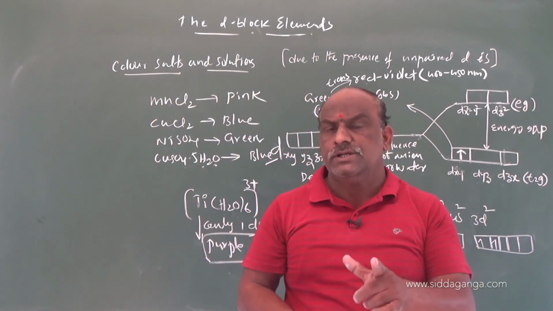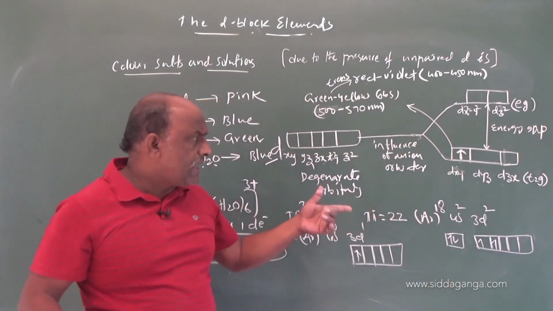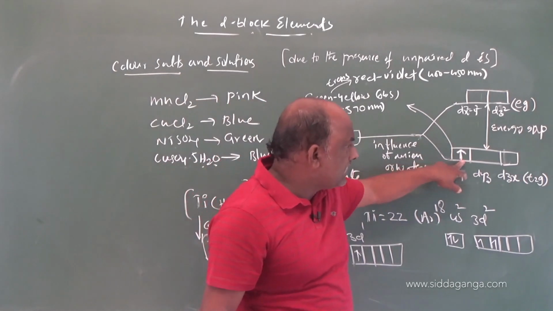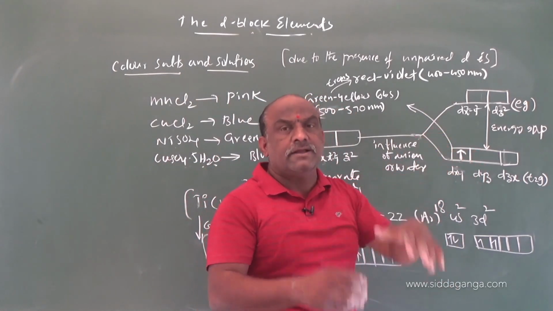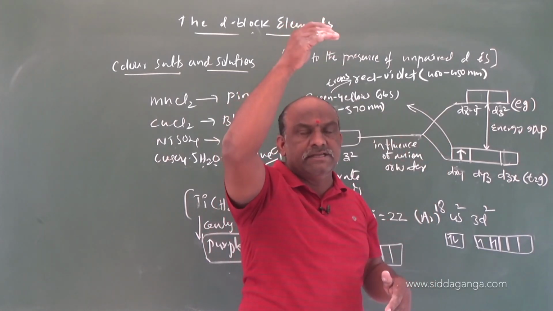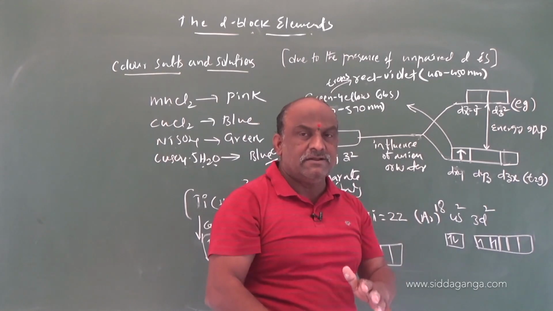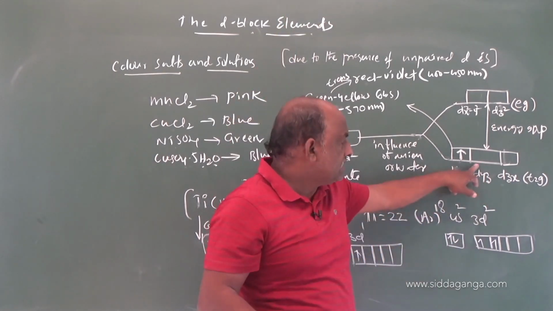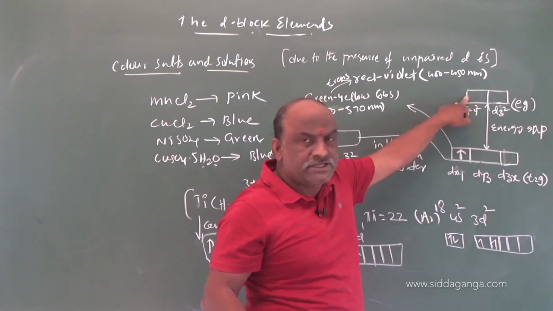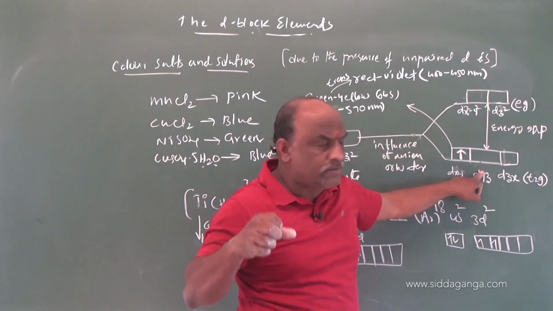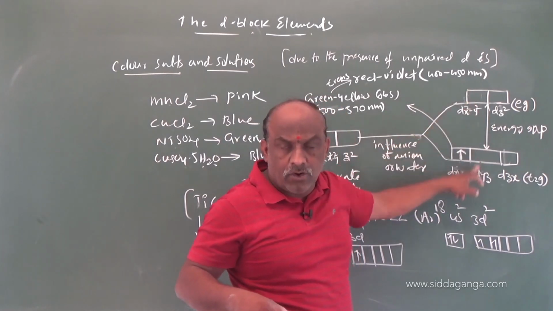I hope you understood. Listen carefully, what happens here? This unpaired electron absorbs some radiation and gets excited. After excitation, it comes back to the original state, that is de-excitation. Excitation, de-excitation. Energy is absorbed, going from ground level to higher energy level, then back to lower energy level.